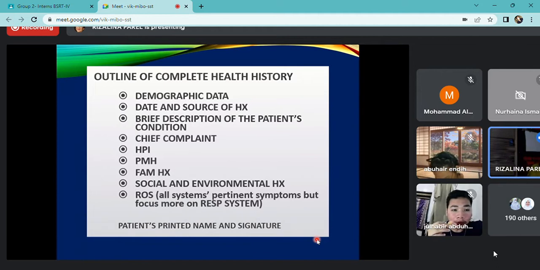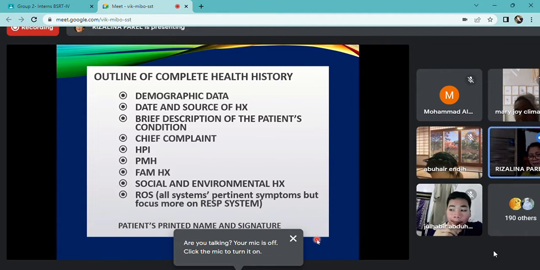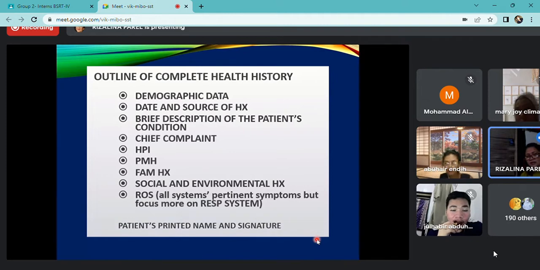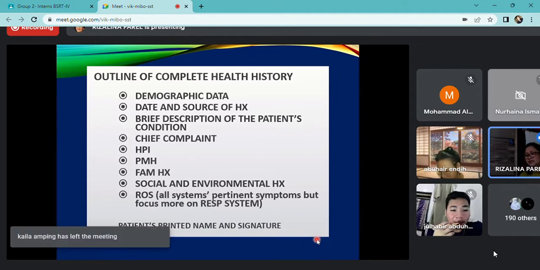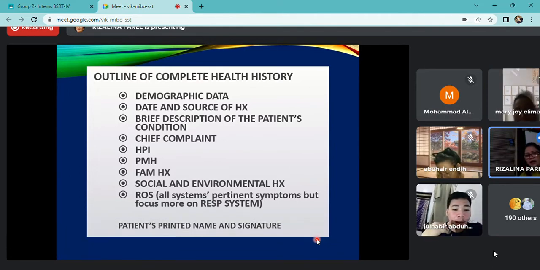So all systems, pertinent symptoms na hindi na focus doon sa ating chief complaint na pwedeng ma-identify related or pertinent doon sa respiratory system, pwede nating isama. Yung sa ROS, these are all symptoms, pertinent symptoms. Hindi yan mga signs. Like for example, sa CNS, headache. Okay? Positive for headache, negative for headache. Positive for vomiting, negative for vomiting, nausea, etc.